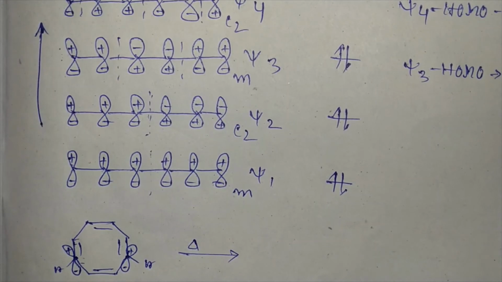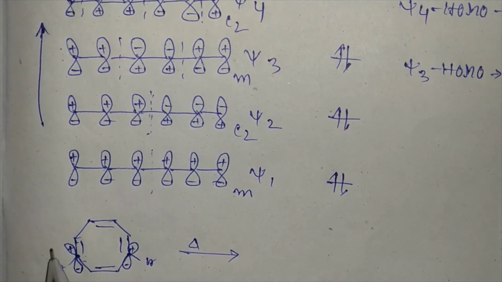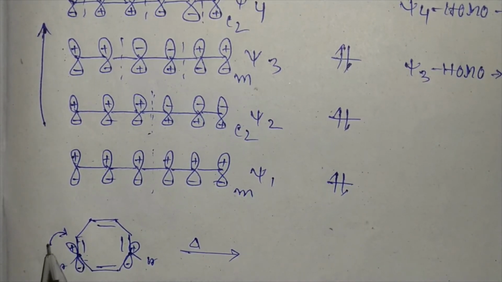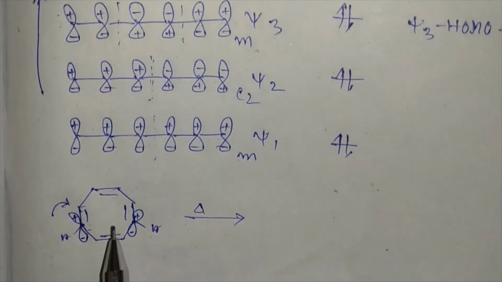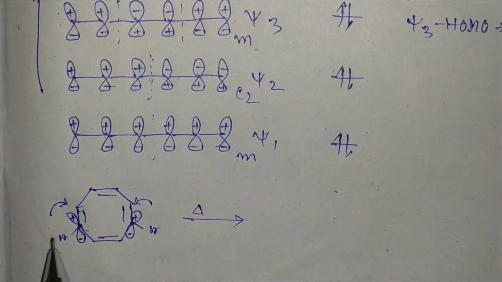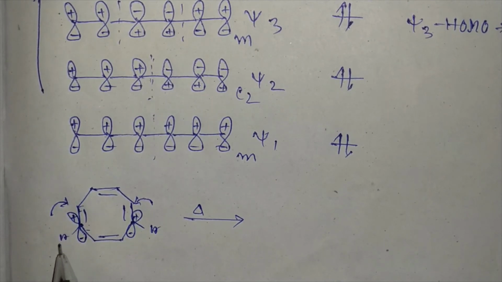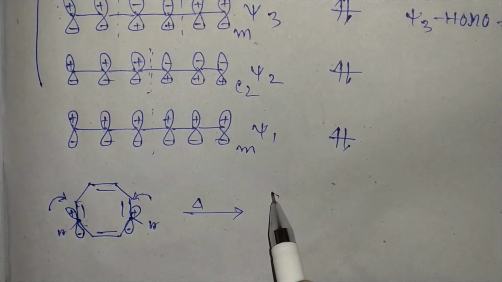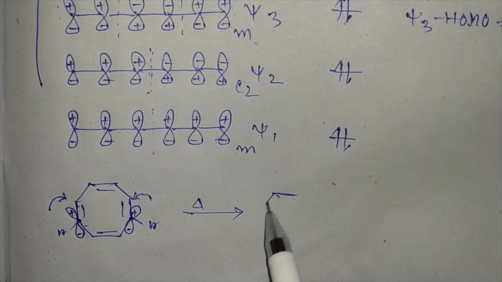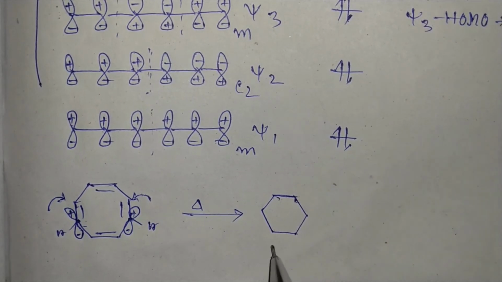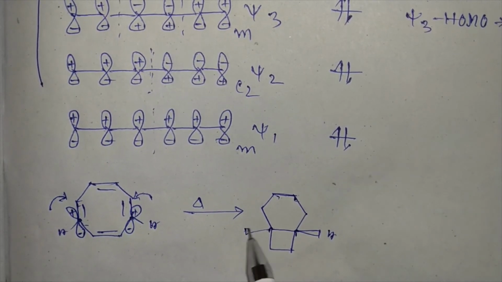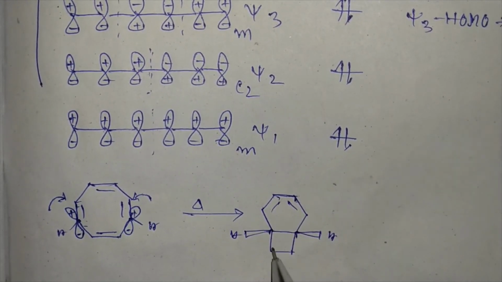Now for a bonding interaction we need overlap of the same sign. So if we rotate this clockwise, we should rotate this anti-clockwise. So if clockwise rotation occurs, then this hydrogen will go above the plane and this hydrogen will go above the plane. So the product will be this.